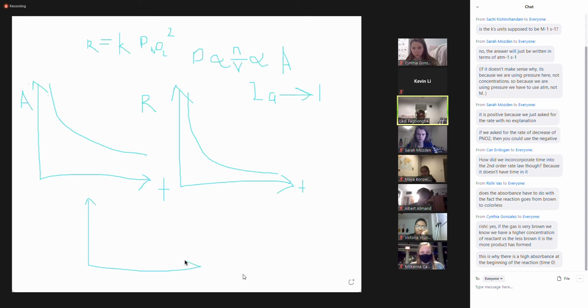Anyways, now it's the last one, which is rate versus absorbance. This one's a little trickier, but does someone want to raise their hand and tell me what they got? Jacob.